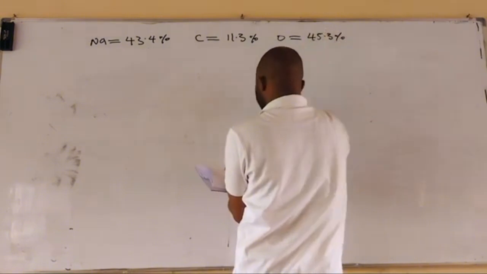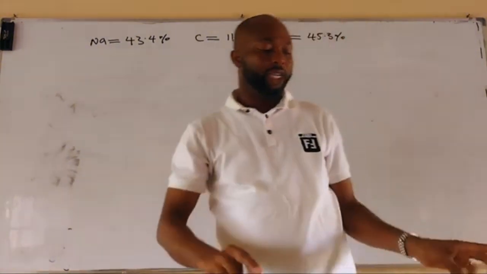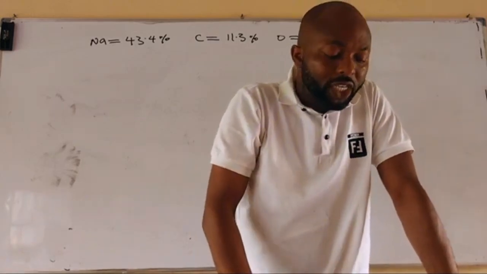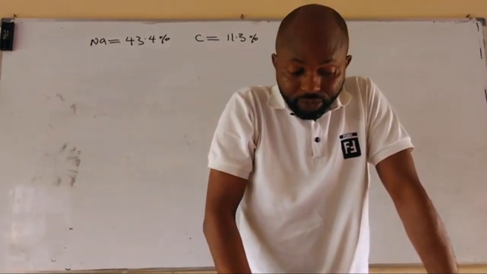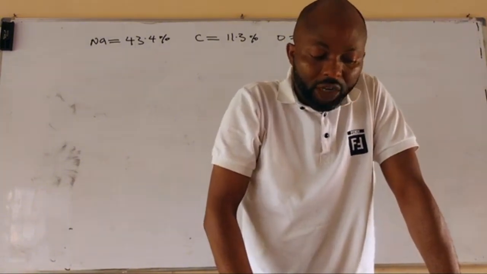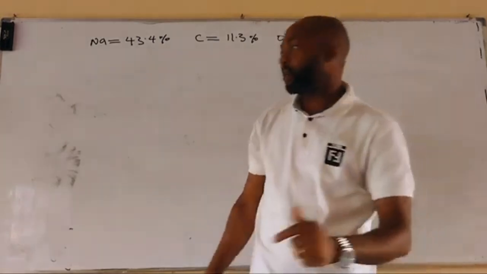So let's take the question again. They say calculate the empirical formula of a compound containing 43.4% sodium, 11.3% carbon, and 45.3% oxygen. That is it. So let's find out what the empirical formula will be.